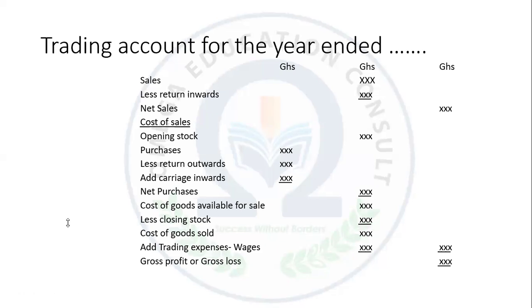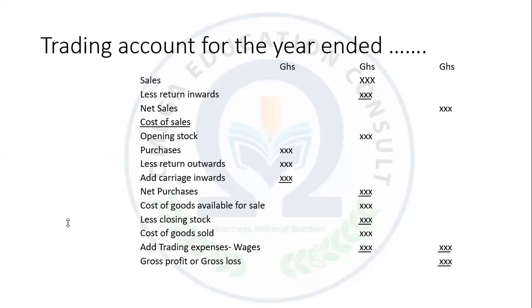Yes, Nicole. Please, from the add trading expenses, are the two values on the same row? Oh, okay, so you see, when you get the cost of sales, on that same line, you can put it there.